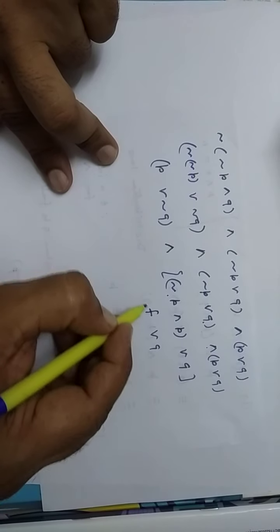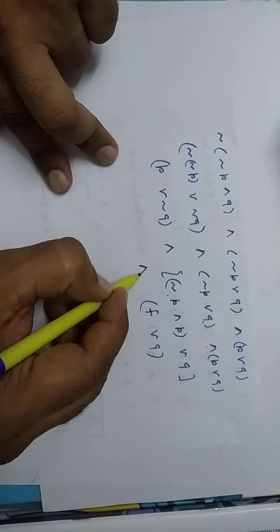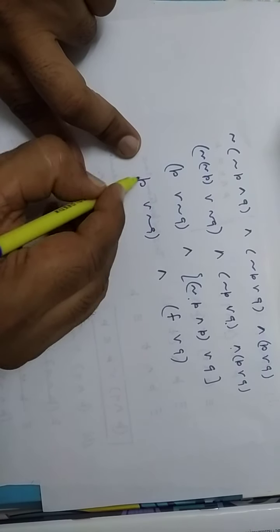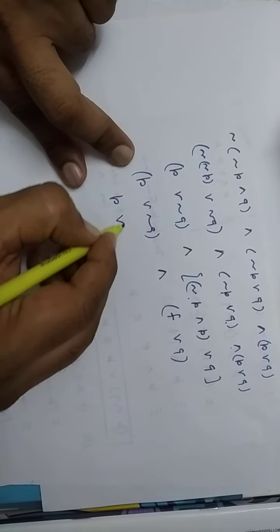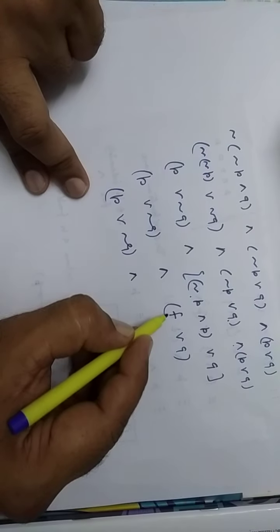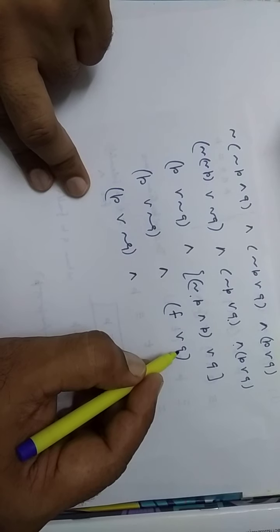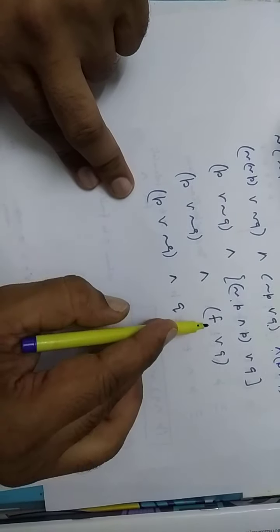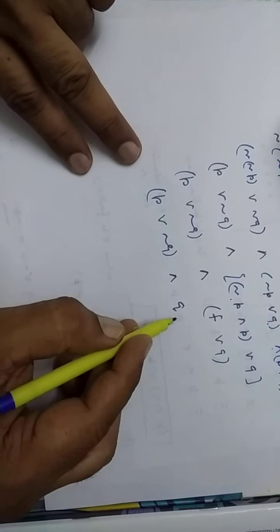F or Q, and either P is negation of Q. So this one is P and the negation of Q, and F joined by Q will be Q. F is a fallacy, और से जोड़ रहे हैं, Q ही रहेगा है जिससे.